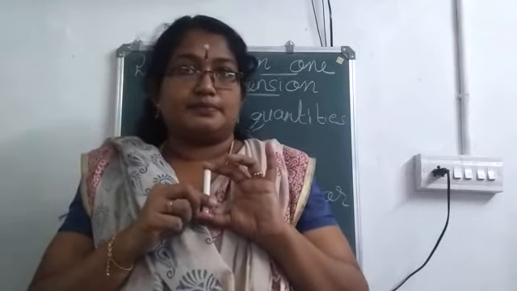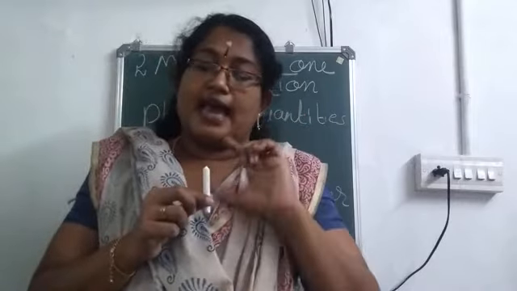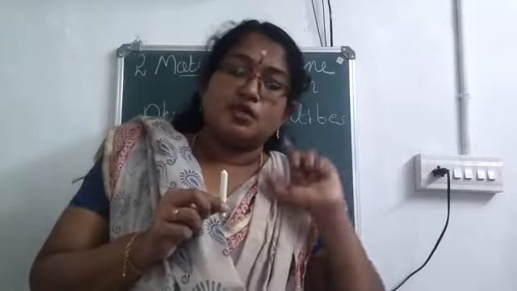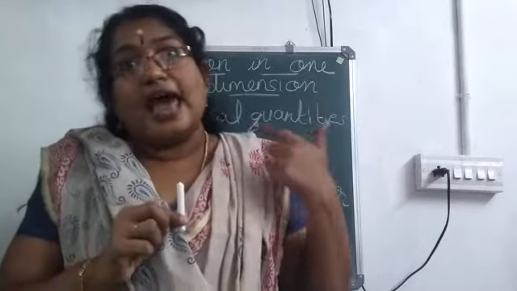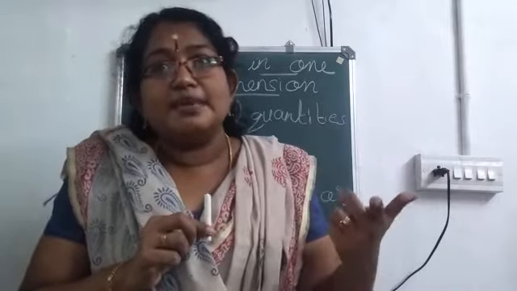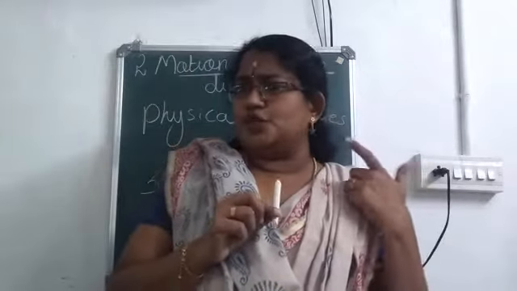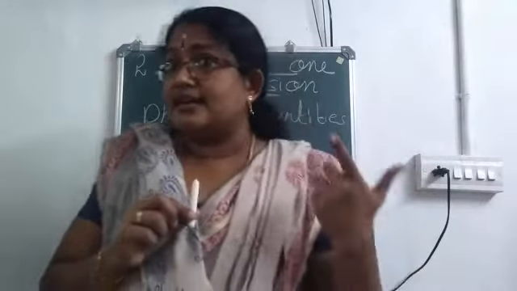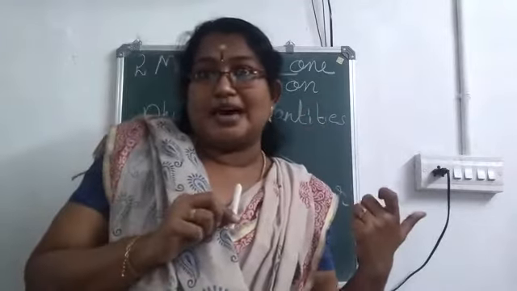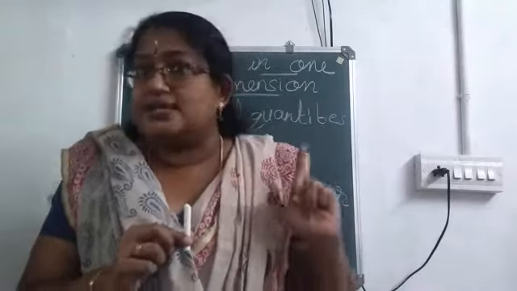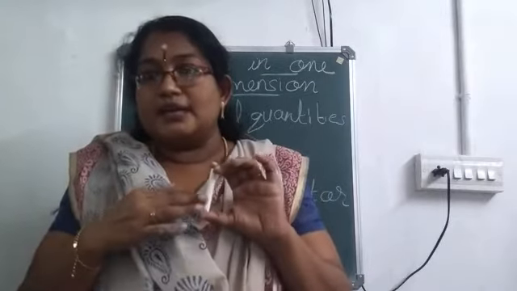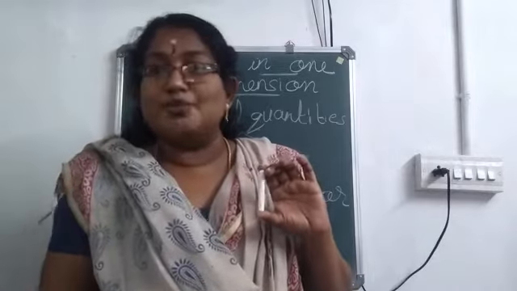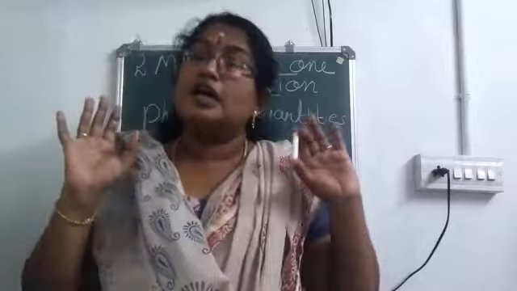I have said 7 and centimeter. What is that 7? It is the magnitude, the numerical value. Already we learned that a physical quantity is represented by its magnitude and unit. So if the length is 7 centimeter, 7 is the magnitude, or numerical value, and centimeter is the unit.